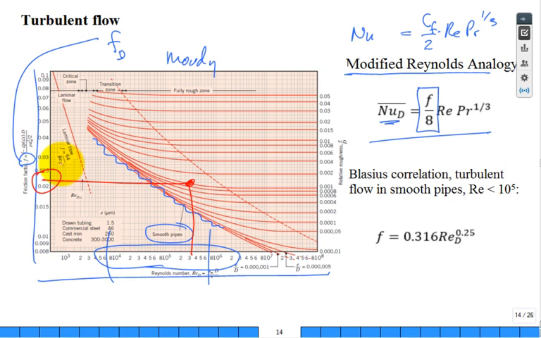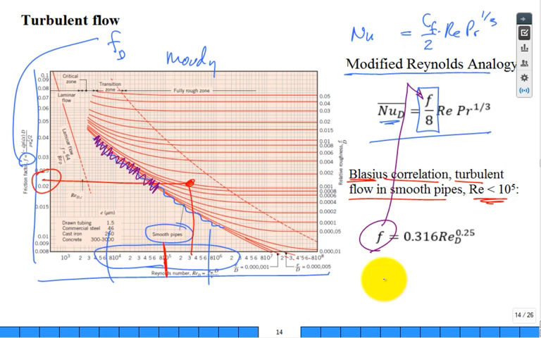What you can do is say, hey, the Blasius correlation was for turbulent flow in a smooth pipe when the Reynolds number is less than 10 to the 5th. So it's only in this region right in here. And you can take that F, shove it right there, and you can get now an expression. You can skip the Moody diagram, but it's restricted to smooth pipe in this range of Reynolds number.